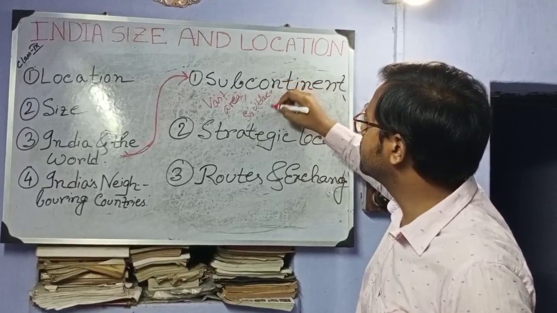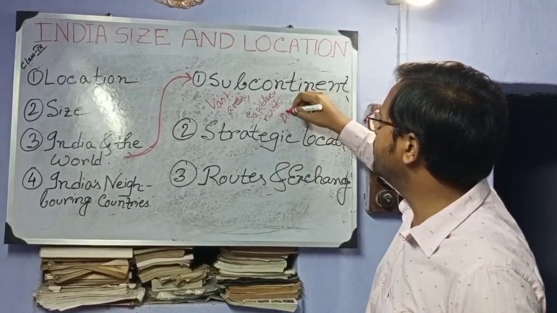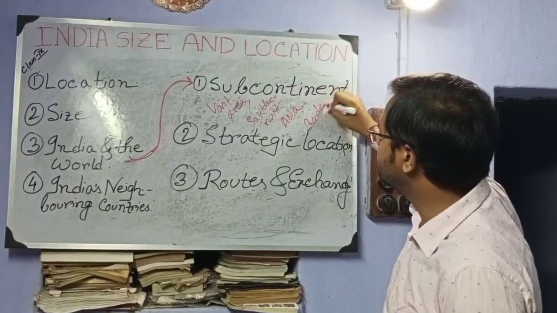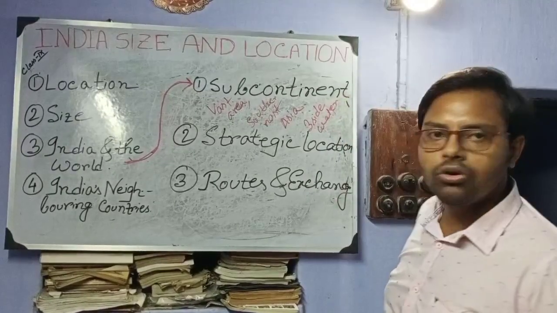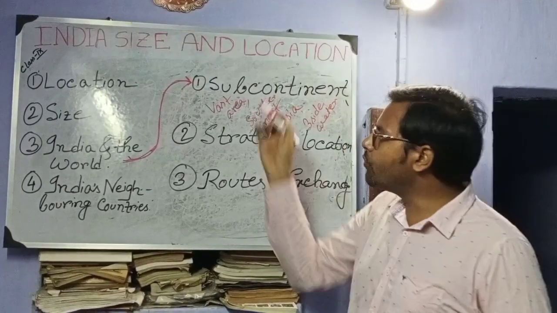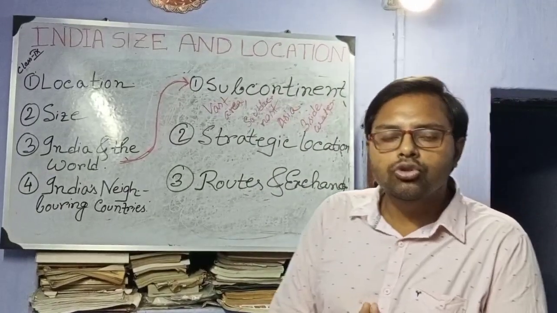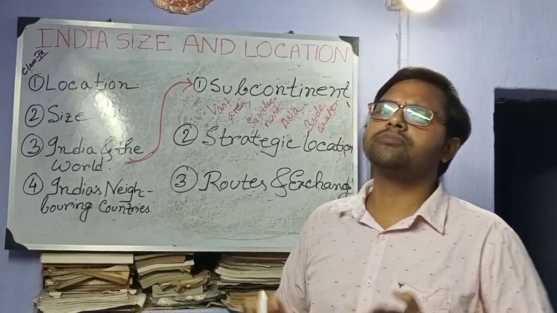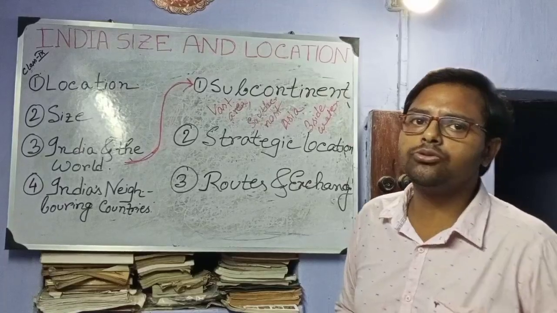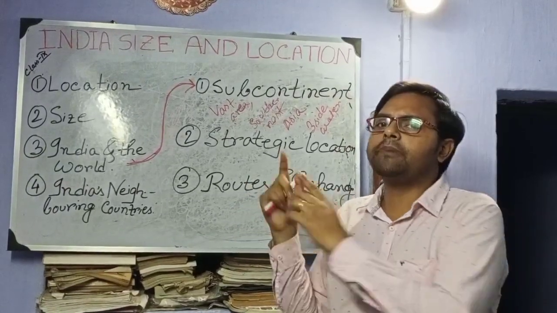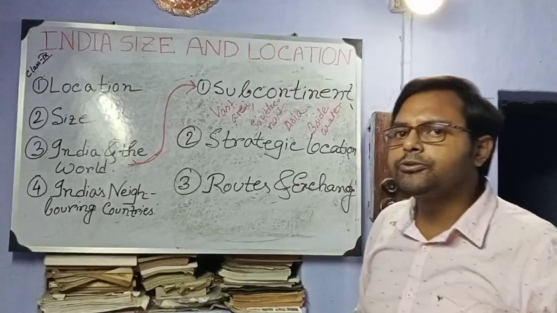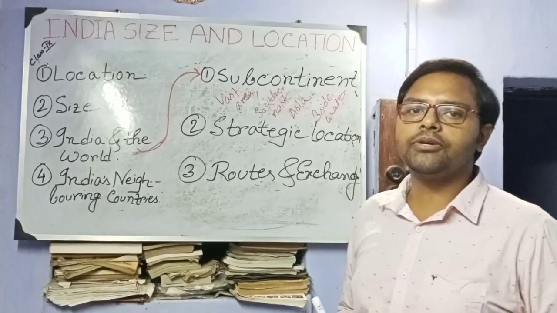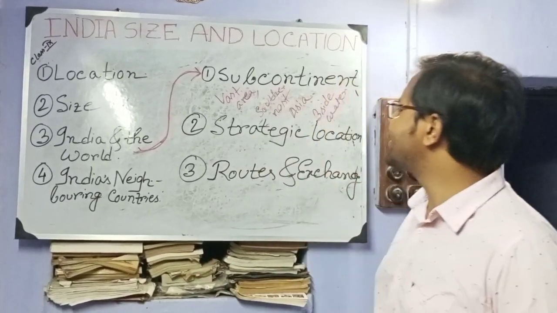That is the subcontinental position through which we can connect through marine ways or waterways throughout the world. Except it, we also have airways, but due to these locational factors, the three sides bounding waters, this peninsular position, its subcontinental position, we have made relationships from the ancient era with other countries of the world. Right?